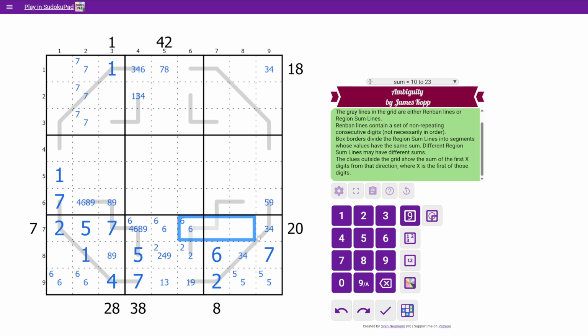It would need 3 cells that are 16. Could it be with a 9? A 9 and a 7.